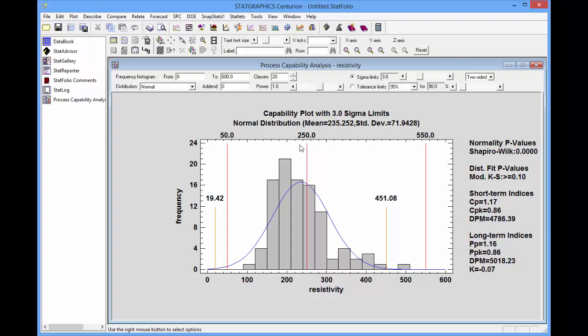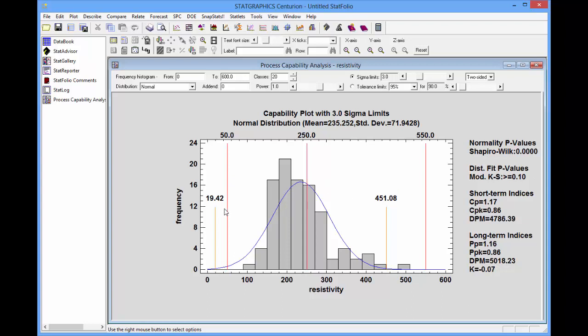The tall vertical lines show the location of the specification limits and the target value. The shorter vertical lines are located at the mean of the data plus and minus 3 standard deviations. We would normally hope that the mean plus and minus 3 standard deviations would lie completely within the specification limits.